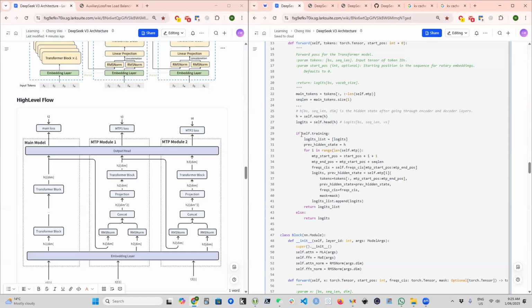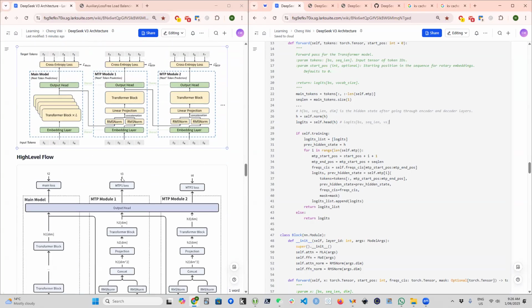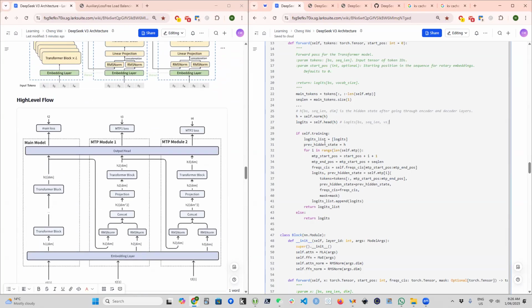If we are doing chaining, this H is the hidden state after going through the encoder decoder. We go through multiple encoding decoding layers, so we have the hidden state. Going through the head, we get the logits for the loss calculation.